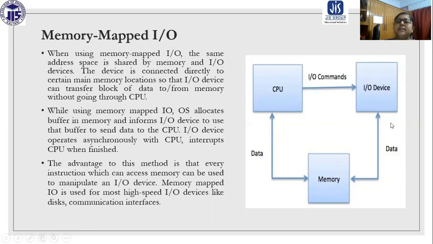And because this is an asynchronous mode of communication, both the processing and the IO task can be done in parallel. And whenever the IO operation is complete, then IO is going to interrupt the CPU.